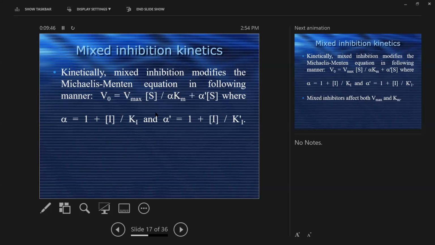So alpha is 1 plus the inhibitor concentration divided by KI, that's its affinity for the active site. Alpha prime is 1 plus the inhibitor concentration divided by K prime I, its affinity for the other site. And there are some inhibitors that actually bind multiple sites.